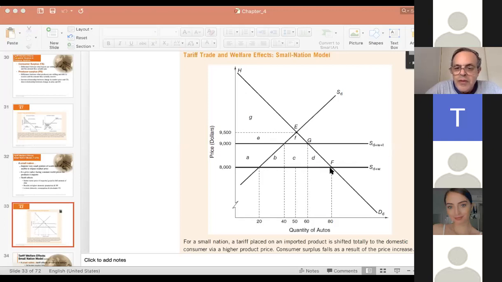Before, consumers under free trade were consuming 80. With the tariff, they're consuming 60. So obviously the consumers, as a result of the tariff, were prevented from purchasing 20 extra autos, which is this distance right here of the triangle, 20. That's how much less consumers are purchasing of automobiles.